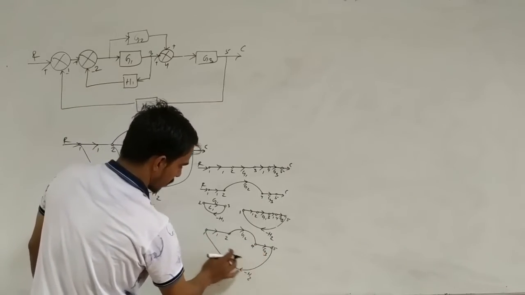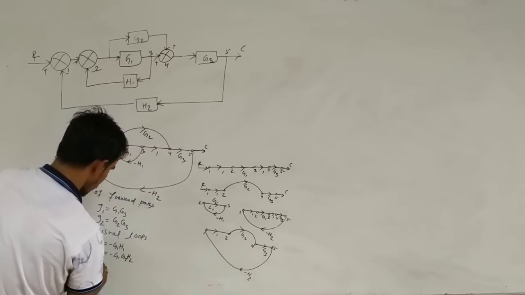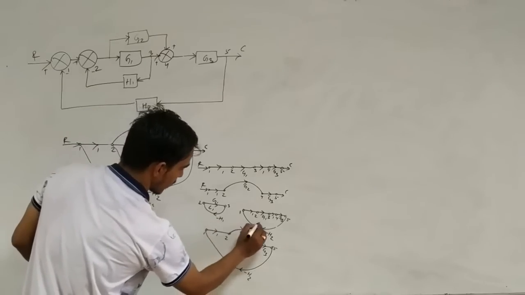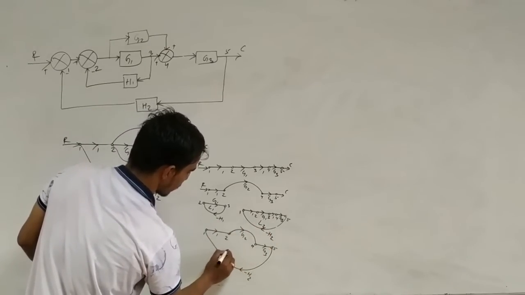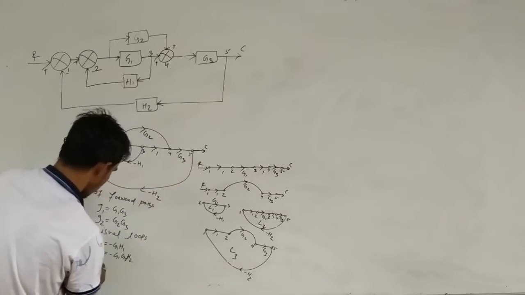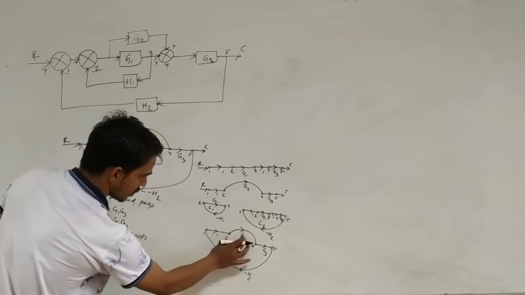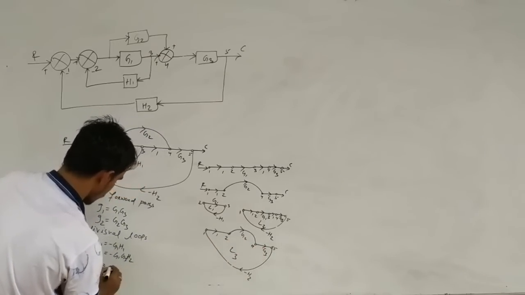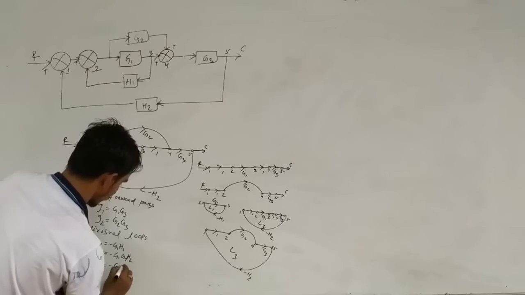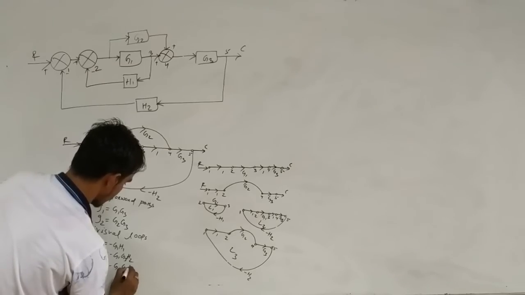So this is forming a loop, and suppose this is L1, this is L2, and this is L3, loop 3, that is L3 equal to 1 into G2 into G3 into minus S2, that is minus G2 G3 S2.